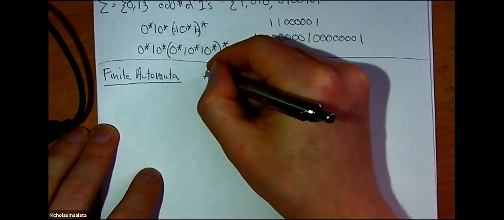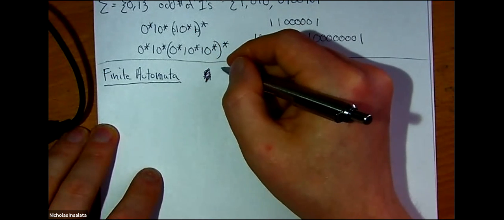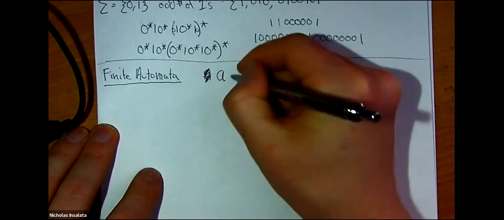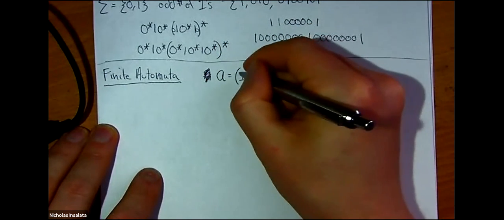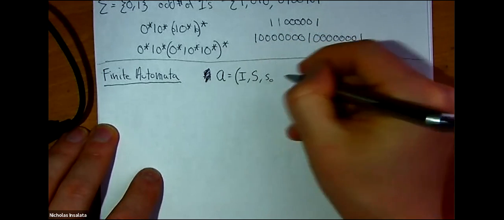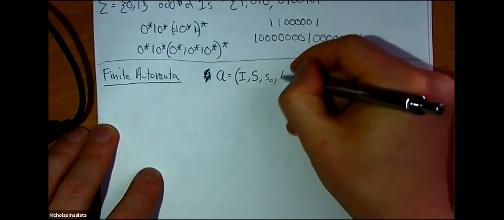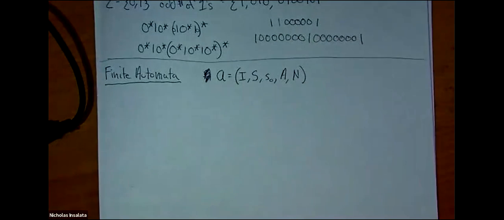Maybe I should do a script A, I already messed it up. Let me do a script A. Okay. 5 parts: I, S, S0, A, and N. Here are the 5 parts of my automaton.